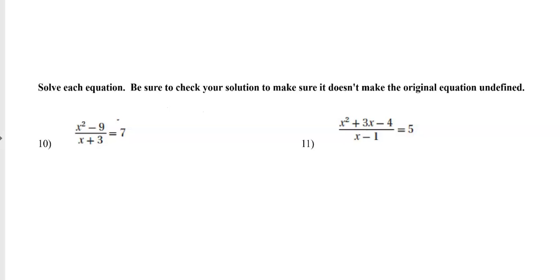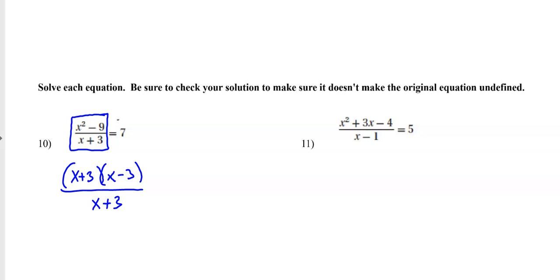But another way, since we're learning this, instead of going into that, let's try to simplify this expression on the left first before we get all happy trying to solve it. So I have x plus 3, x minus 3, all over x plus 3. Well, the nice thing is these cancel out.